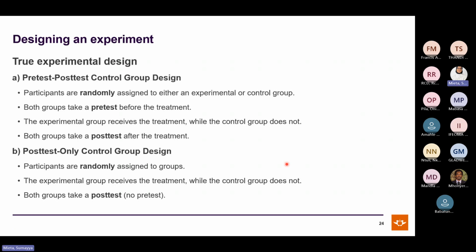You note it down. Then you give the one group the medication, and the other group, you don't give them the medication. Okay? And at the end of that treatment, you then retake the blood pressure for both the groups.